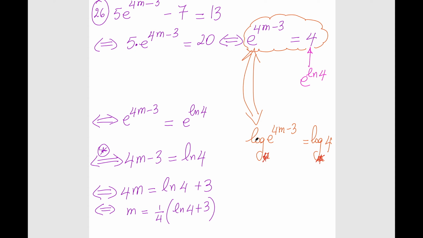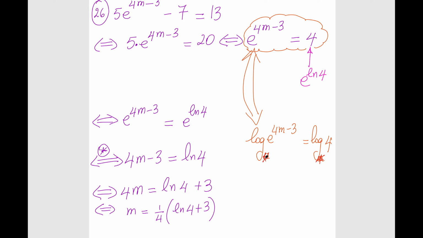Well, I'm going to choose the one that undoes e. Why? Because I'm after m, right? I would like to undo the action that's done on this expression for m minus 3, and I'm taking the natural exponential function here, right? e as acting on 4m minus 3. I want to undo the action that e, the exponential function with base e, is doing. And what's the function that undoes the action of e? It's the log of that base.